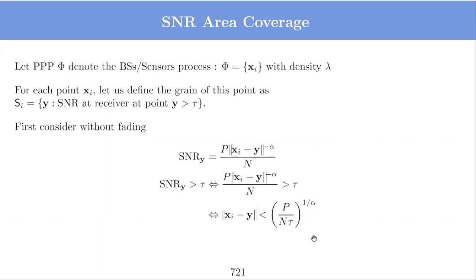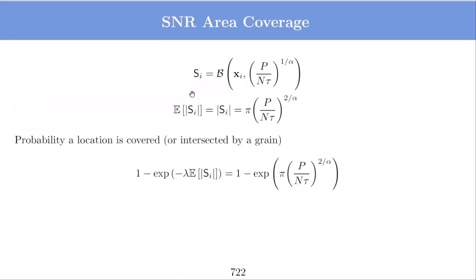It denotes a ball around xi with this radius, and all y falling in that ball will have SNR more than tau. So the grain of point xi is a ball centered at xi with this radius.